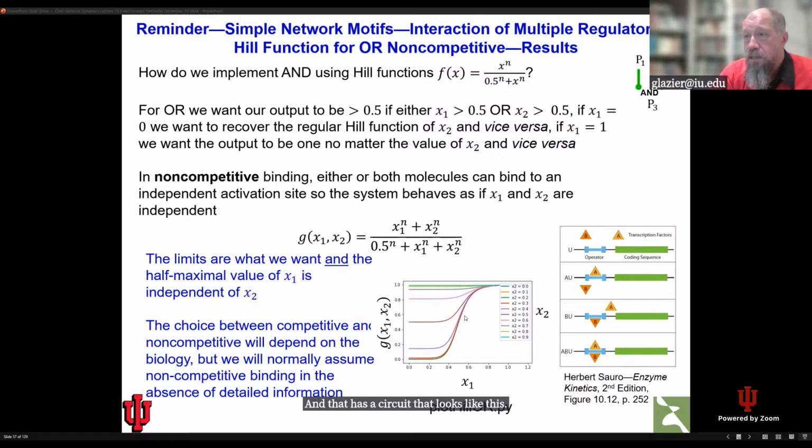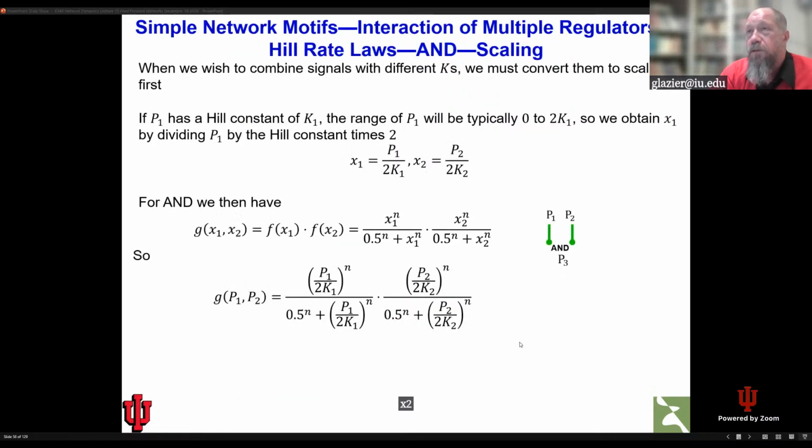In this case, the threshold value for x1 is always a half. The max is always 1. But for small values of x1, my minimum rate depends on x2. And so those are both a little bit different in terms of the way they work.